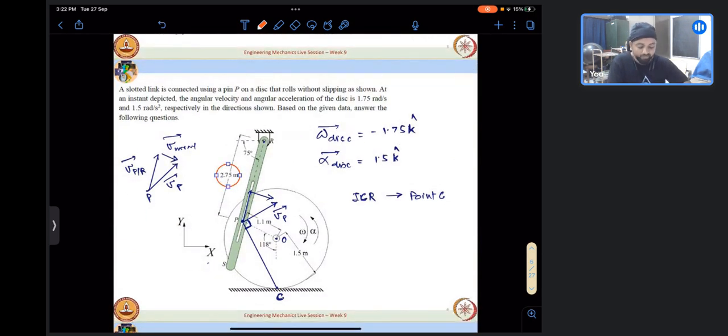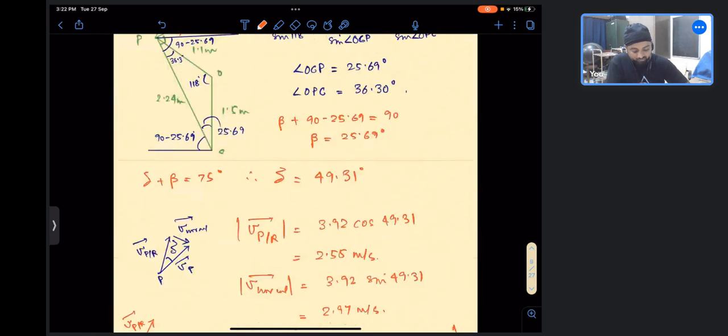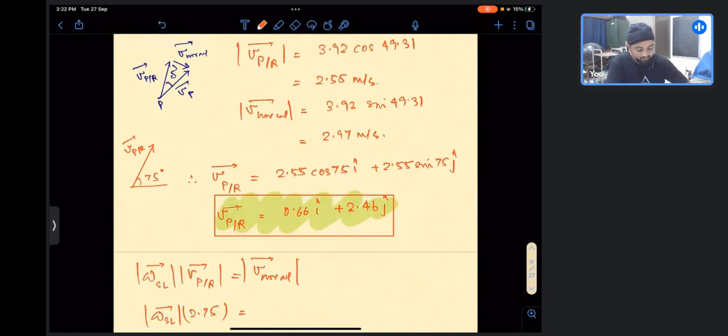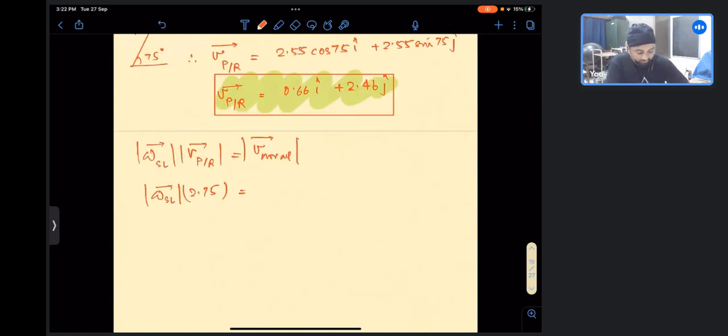So this into 2.75 gives me V normal, which we calculated here as 2.97. So omega of the slotted link magnitude is 2.97 by 2.75, which comes to 1.08 radians per second. And from the geometry, we can see that it rotates in the anti-clockwise direction.